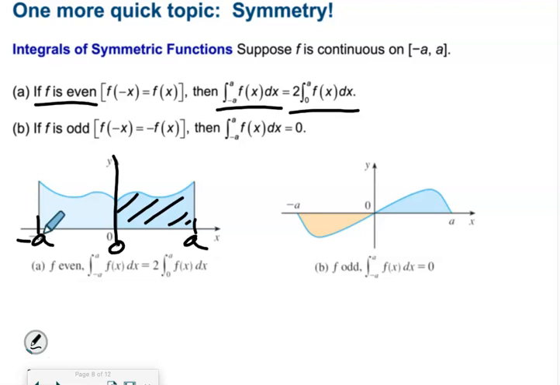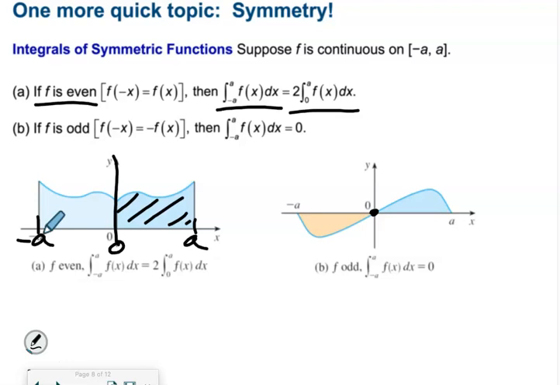Odd functions have origin symmetry. Origin symmetry is a point symmetry, so it's not over a line. This is line symmetry over the y-axis. Point symmetry is a rotational symmetry. What that means is if I stuck a pin in the origin and spun the function around 180 degrees, would it land back on top of itself?